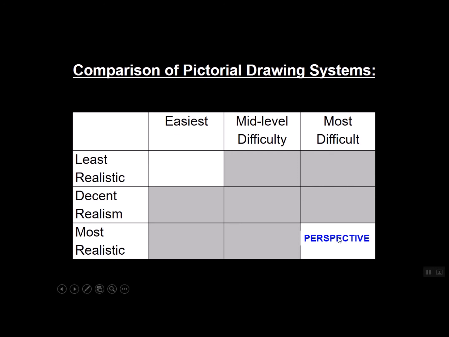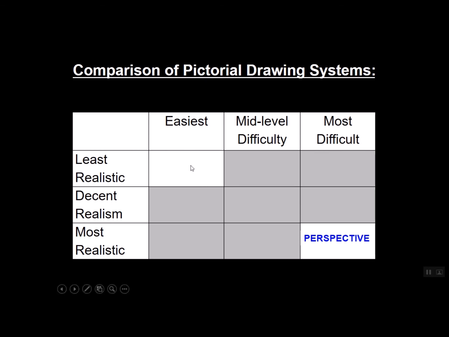Okay, but for industrial drawing, the amount of work that this requires to make a pictorial view is excessive. So we stay away from perspective because while it is the most realistic system, it is also the most difficult and time-consuming to create. So what we're going to talk about instead is the easiest of the pictorial drawing systems.